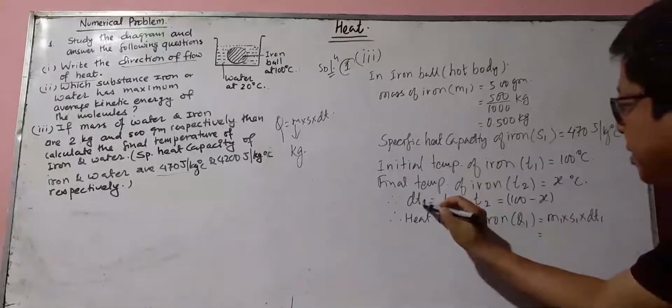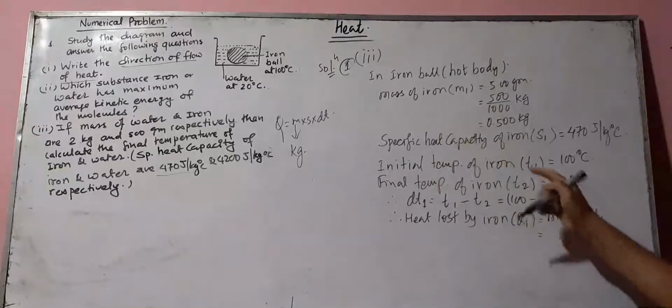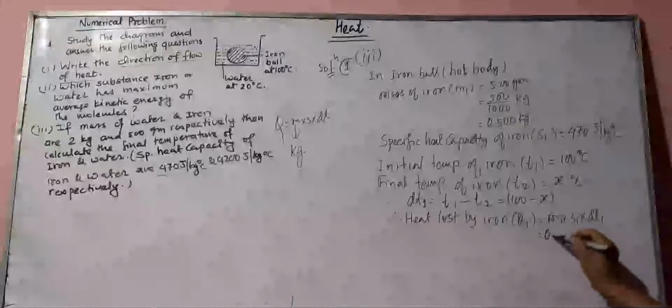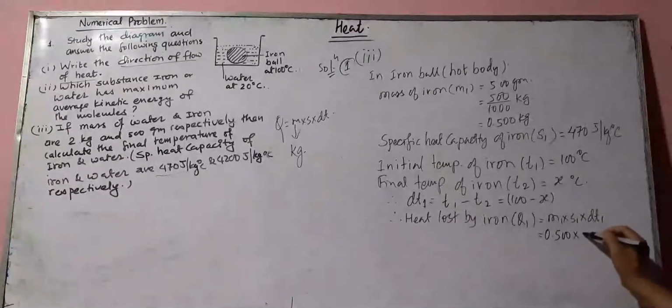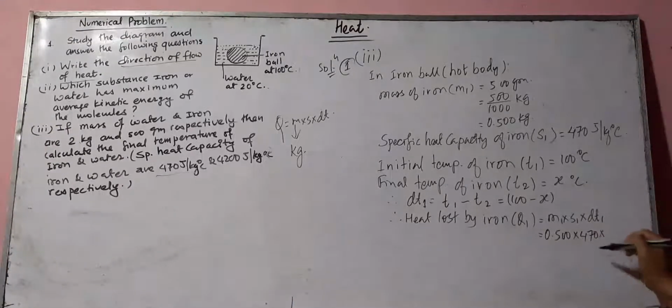We write dt1 because we have another case also. M1 is 0.500, S1 is 470, and dt1 is 100 minus X.